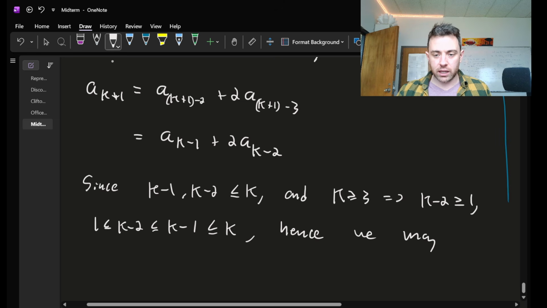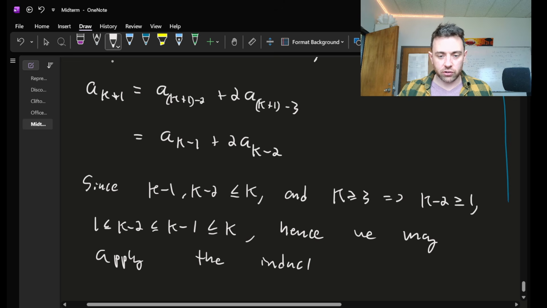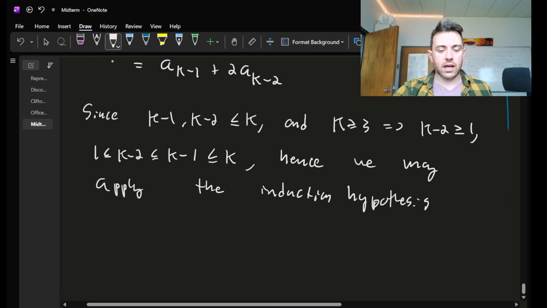Hence, we may apply the induction hypothesis and we get that. So to be extra clear to the reader, I would repeat the last inequality that we obtained.